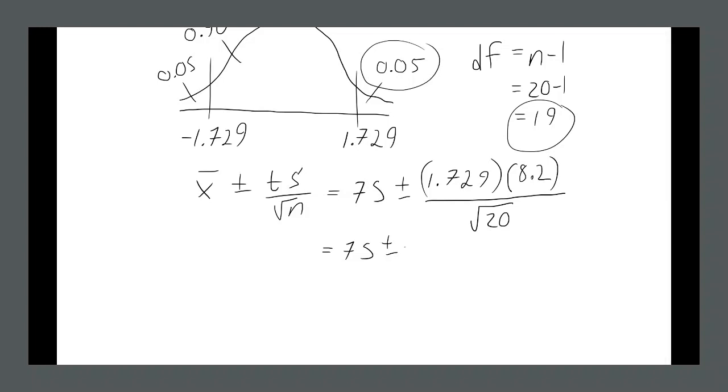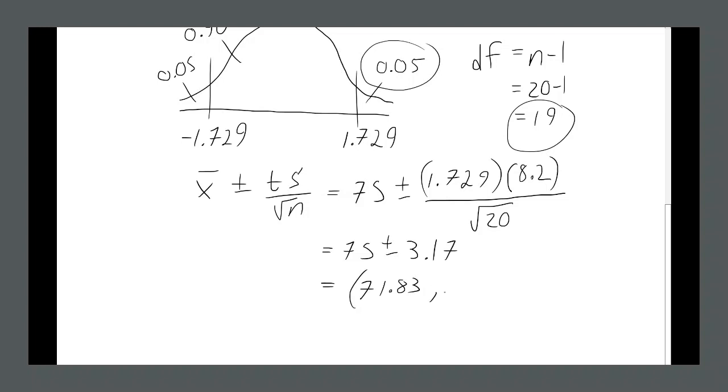So 1.729 times 8.2 divided by the square root of 20 is going to give us 3.17 approximately. So 75 minus 3.17 is going to give us 71.83.